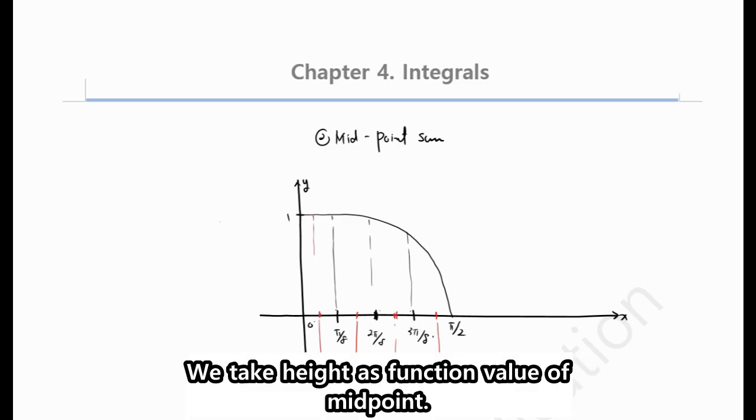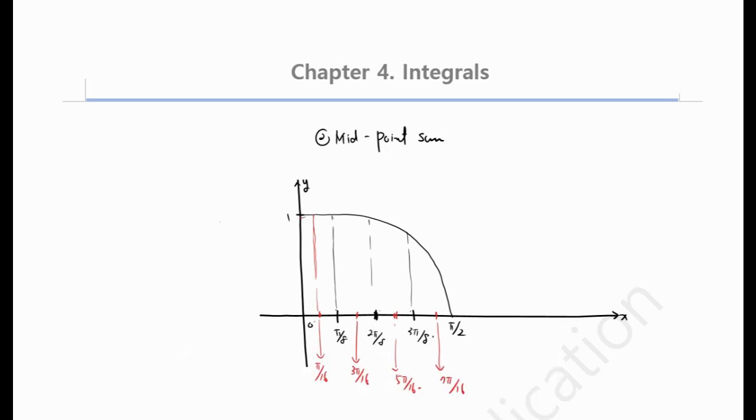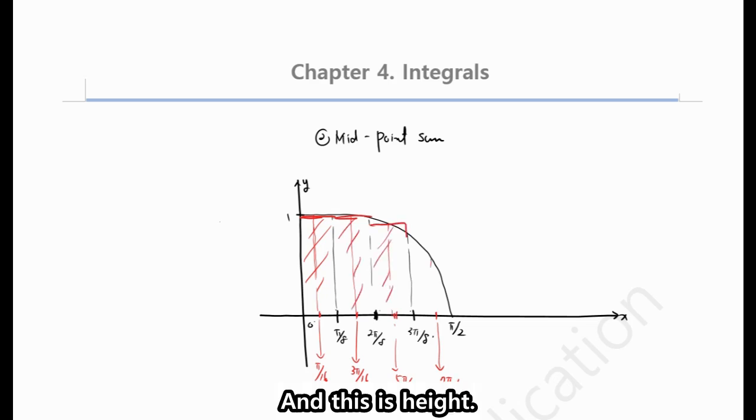So we take the height as the function value at the midpoint. This is a height, and this is a height, and this is a height, and this is a height.